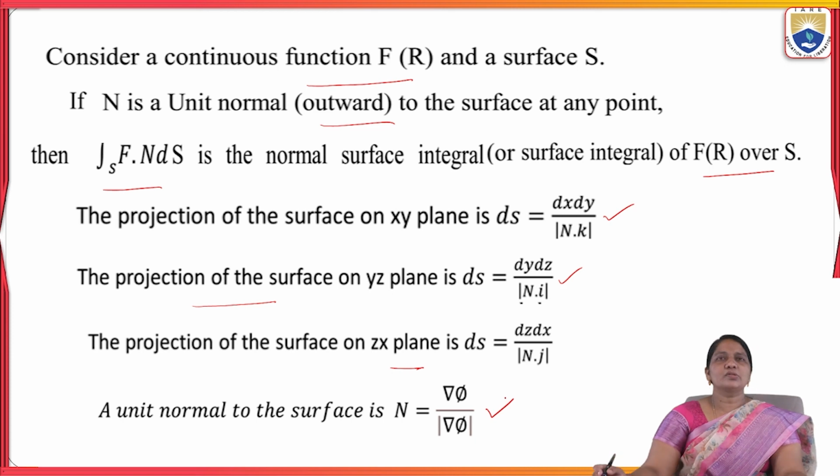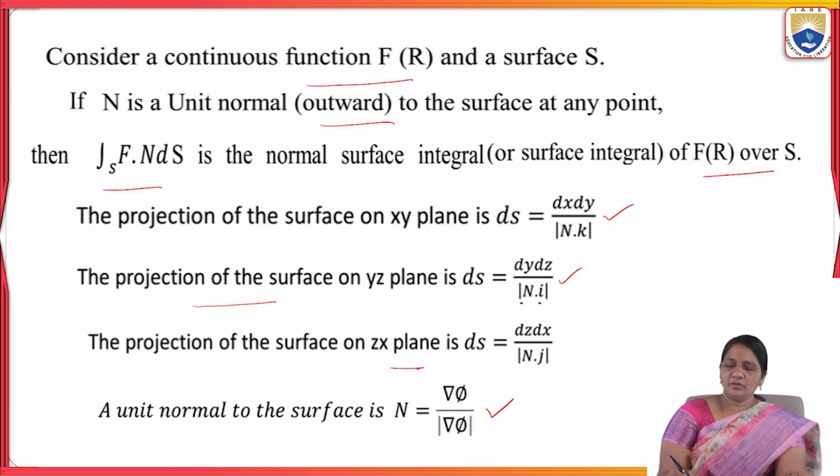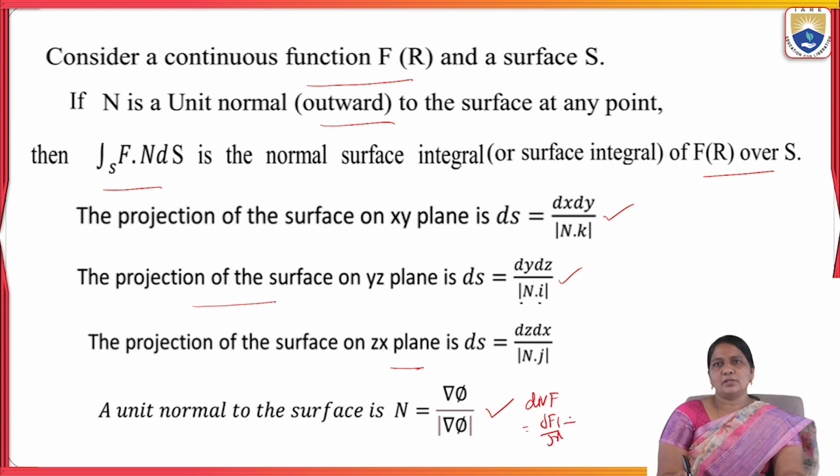Here we use the formula for the unit normal, n equals del phi by mod del phi. We also use some formulas from vector differentiation: divergence f is dou f1 by dou x plus dou f2 by dou y plus dou f3 by dou z.